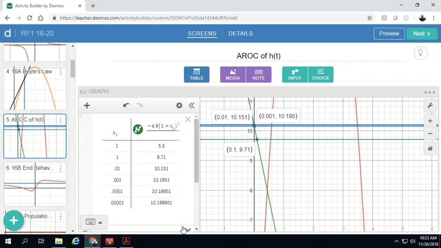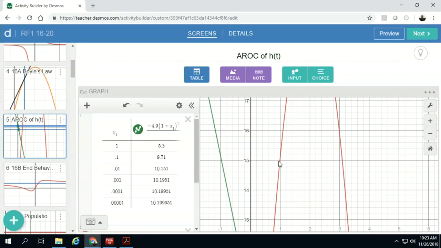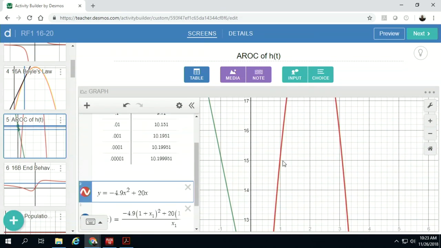So, we keep getting those points closer and closer together. What happens to the velocity? It gets closer and closer and closer to 10.2. So the slope here at 1, so if we go up here to the number 1, one is where we cross the x-axis here, right?